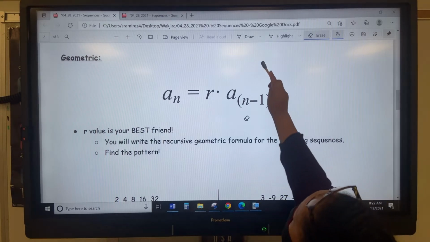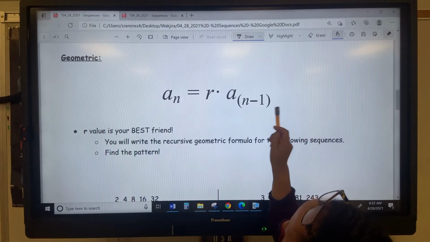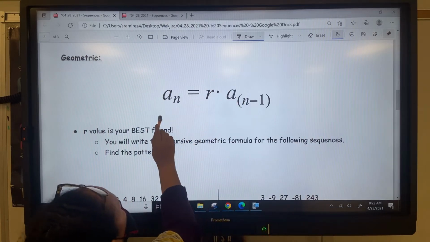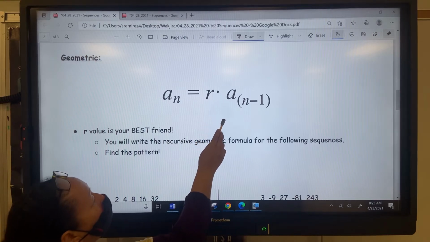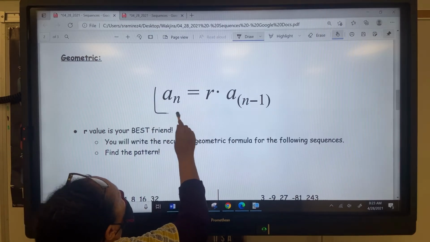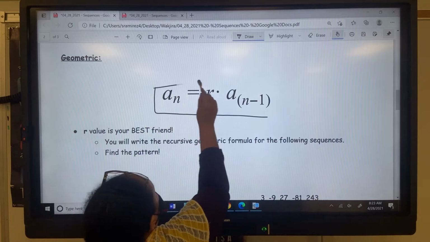sequence. For that, we have a formula here. That's A sub n equals R times A sub n minus 1. This is our formula for the geometric sequence.